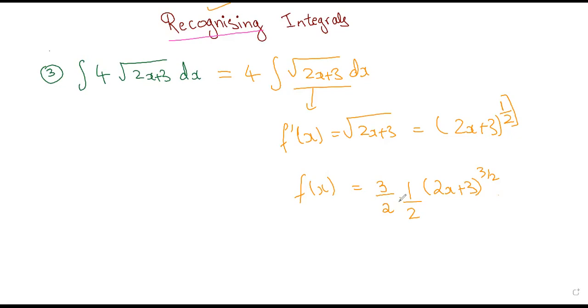Okay, right. I need to check this again because this is our f dash x, and if I do it directly, I would be okay. Wait a second. No, no, no. We have 4. We already have 4.